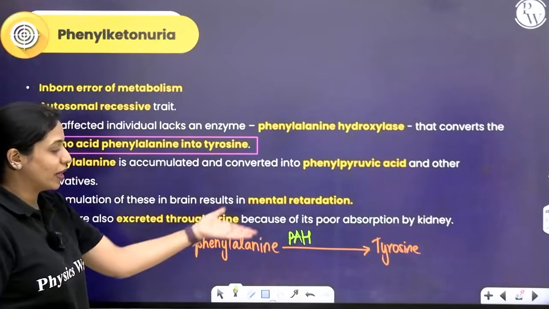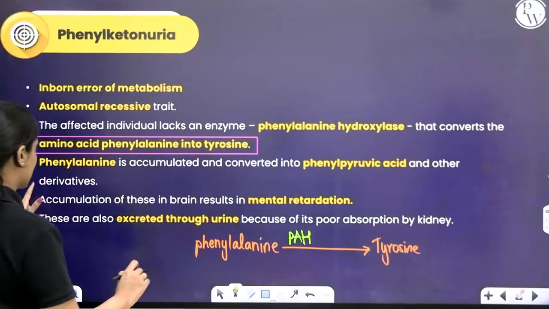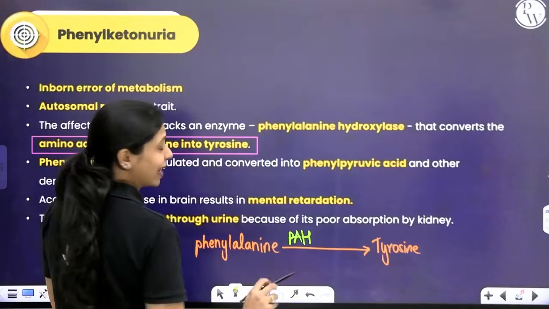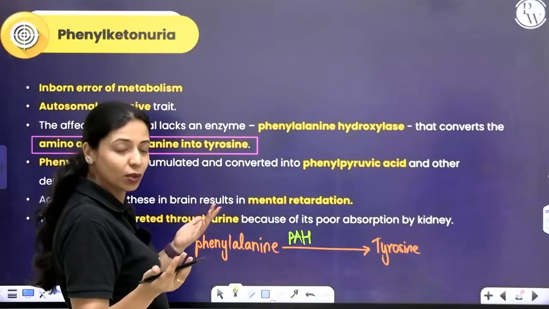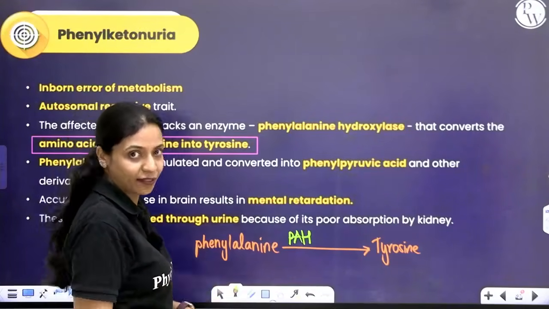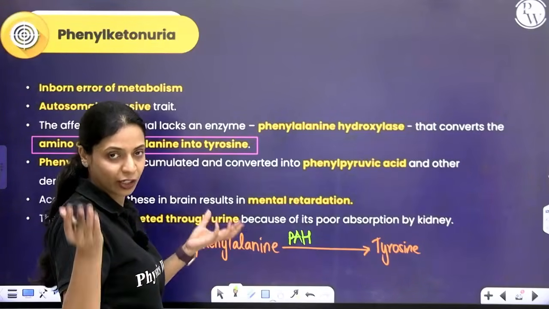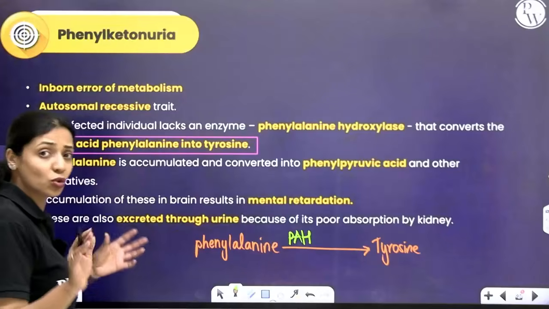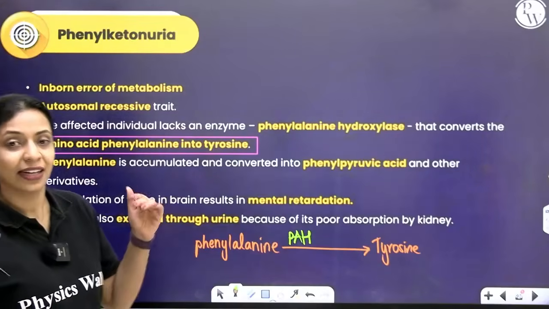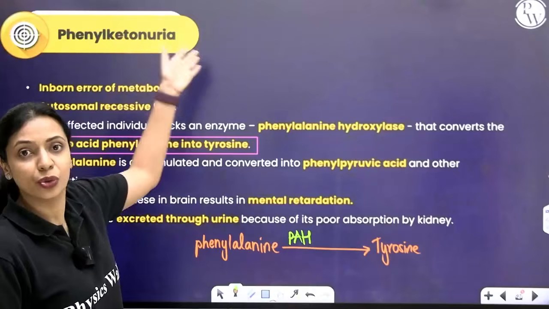What happens when PAH is not formed? Phenylalanine will get accumulated and it will get converted to another molecule called phenyl pyruvic acid and its derivatives. It will start accumulating in your body, it will start accumulating in your brain, causing mental retardation. There's so much of it present in your body that it even gets excreted through your urine, which is why it's called phenylketonuria.